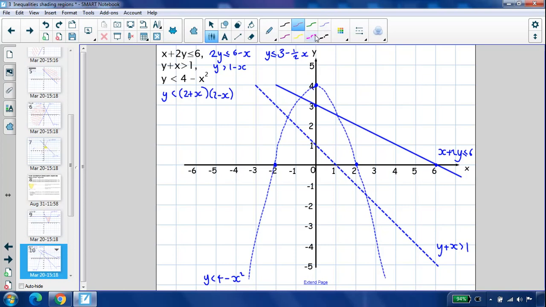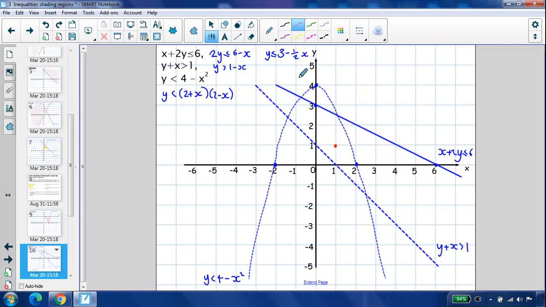So I'm going to do a wild guess here and actually choose, say, this point here, 1, 1. And I'm going to substitute it into each of the inequalities to make sure that it satisfies all 3, and then I know that this is the region. If it doesn't satisfy all 3, then I need to pick another point from a different region.